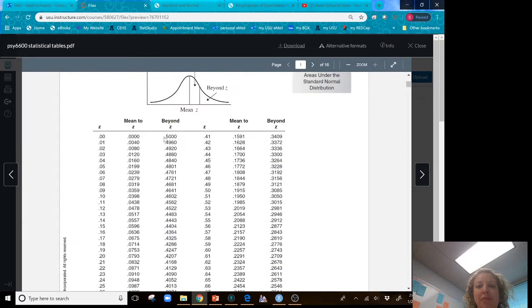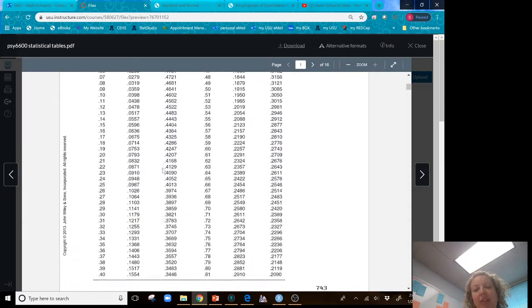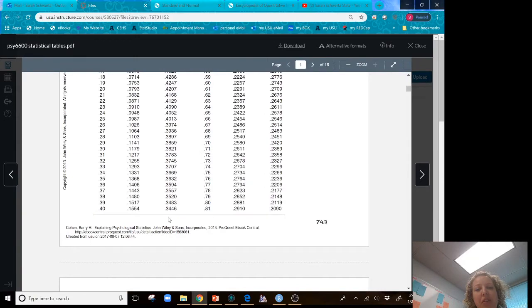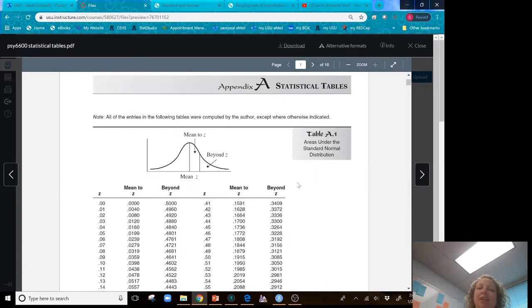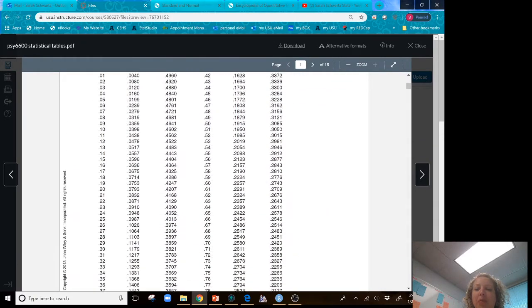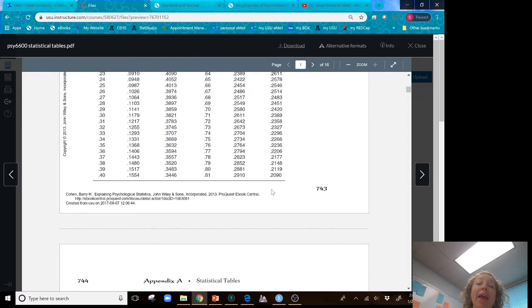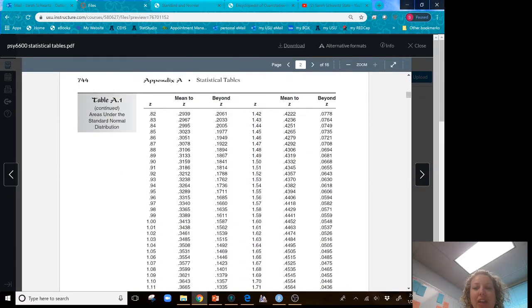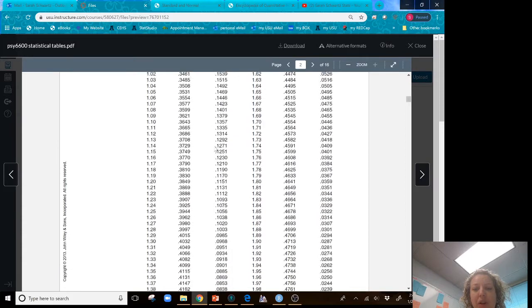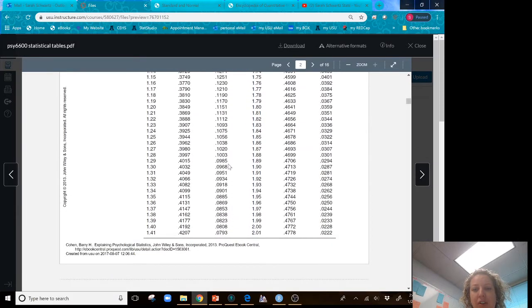If we come down this column, it starts with 0.50 and it gets smaller as it goes down, but it only goes to 0.34. So we got to go to the next column. Beyond z, we're looking for 0.1. Oh, this whole page is too much. Got to go to the next page. Beyond z, looking for 0.1000.